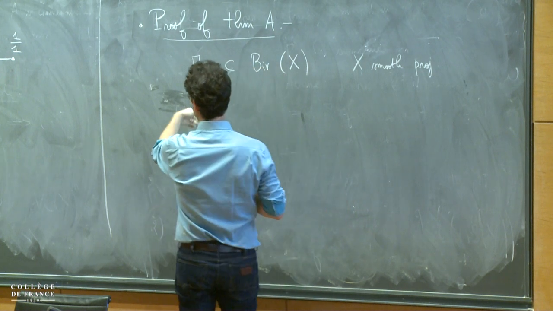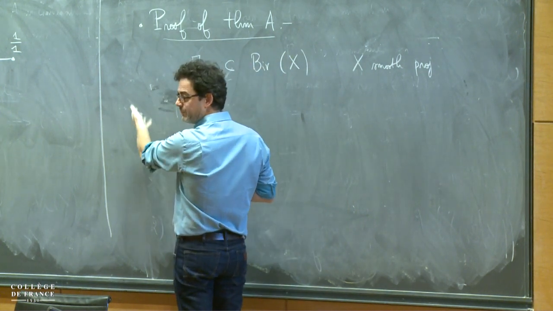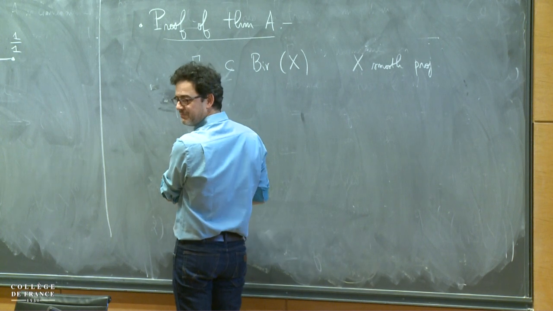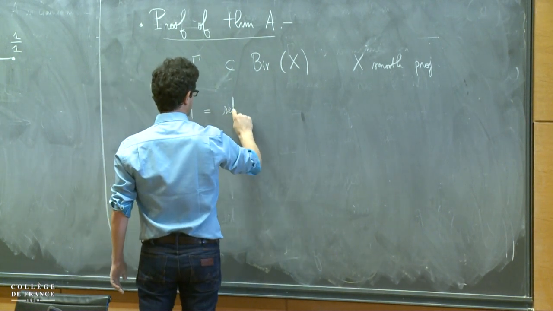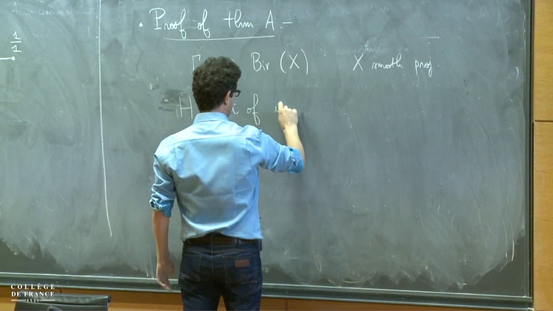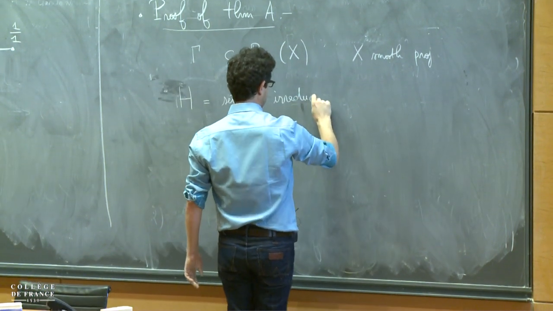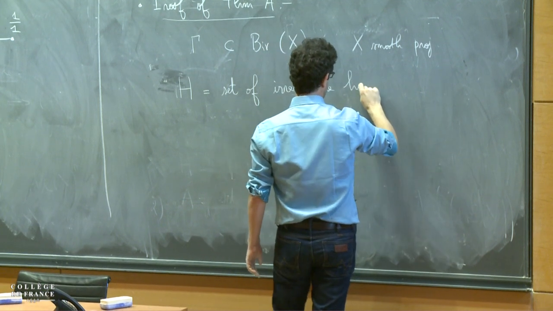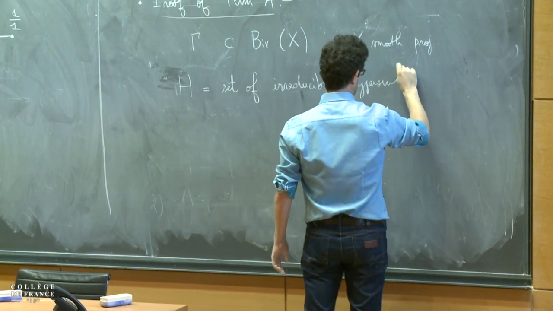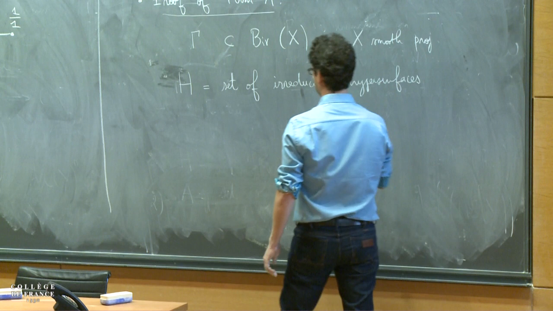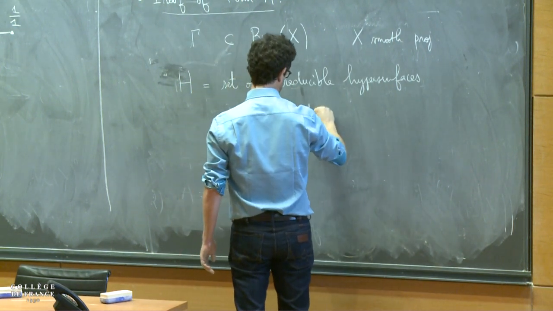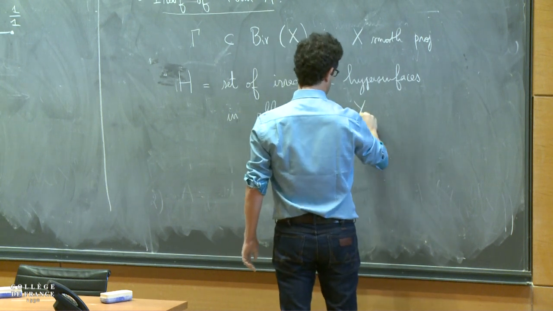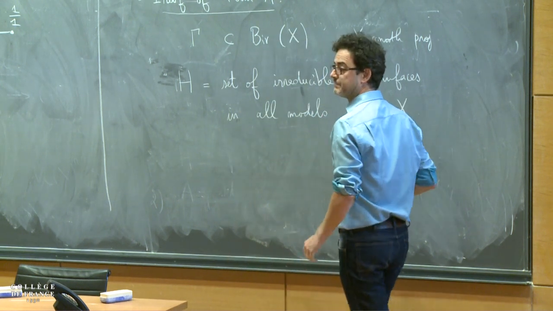To use it, I need a set, and I need a commensurated subset, and to know what the conclusion is. So the set H is the set of irreducible hypersurfaces in all models, I would say, of X.